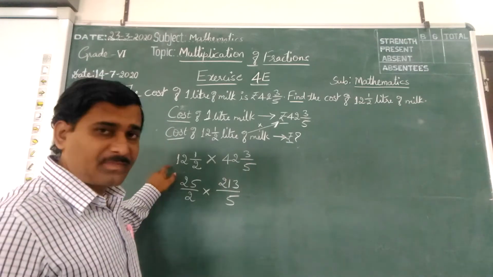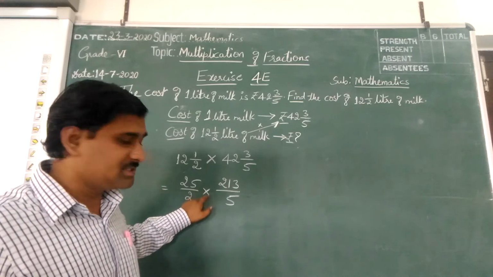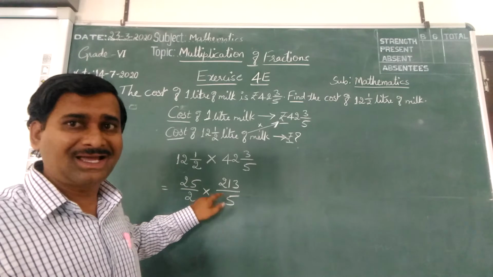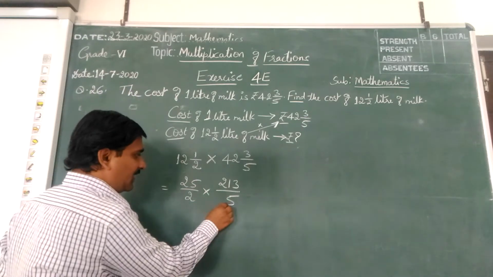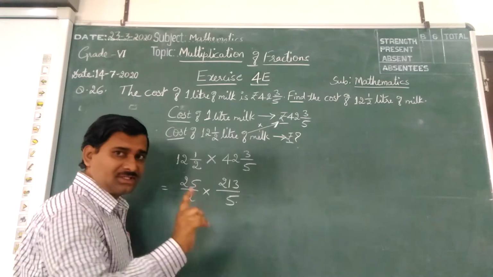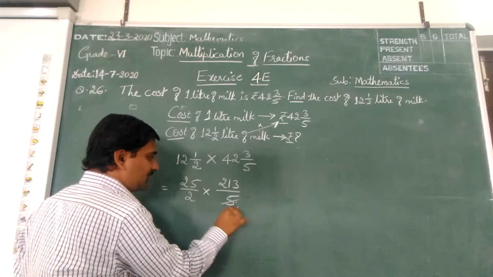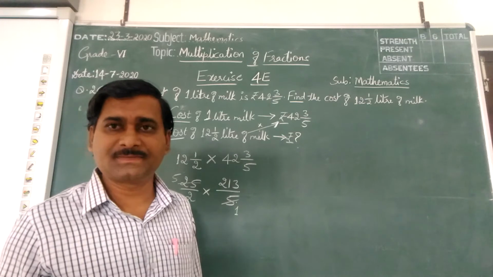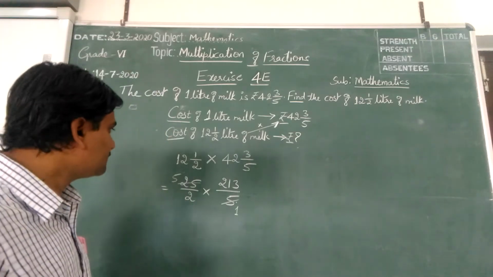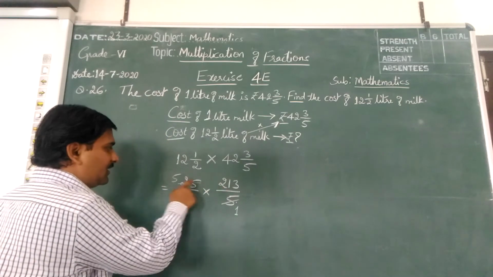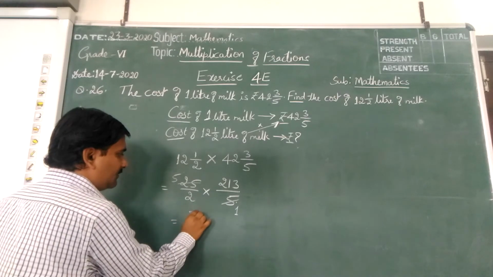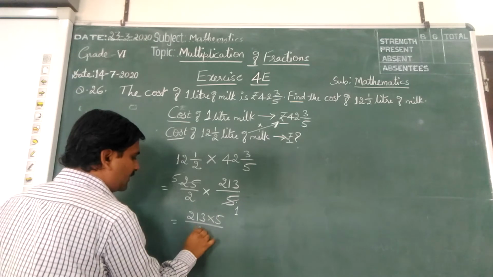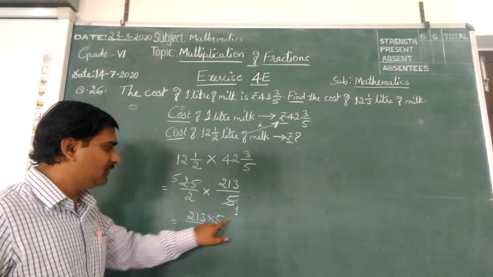After converting into improper fractions, as you are seeing the multiplication sign, before directly multiplying we should cancel the numbers. So this 5 and 25 come under the 5s table. 5 1s are 5, 5 5s are 25. Cancel. Now we should multiply 213 and 5 divided by 2 into 1, that is 2.